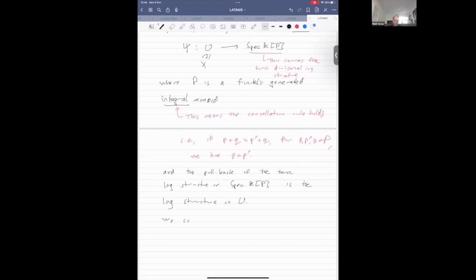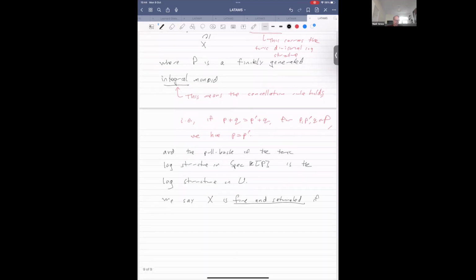So we say X is fine and saturated if P can always be taken to be a saturated monoid, i.e., we've seen this before.